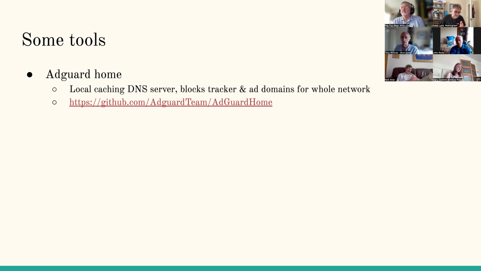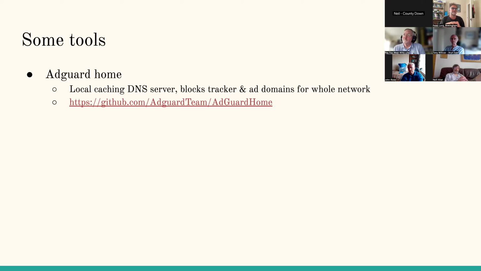Google runs them, and your ISP will probably run one. By default, when you sign up to your broadband provider, you are probably using the DNS server that the ISP provides for you, or you might be using a DNS server from Google or one of the big ones. So what AdGuard Home is actually is a local DNS server, and it's a caching server.